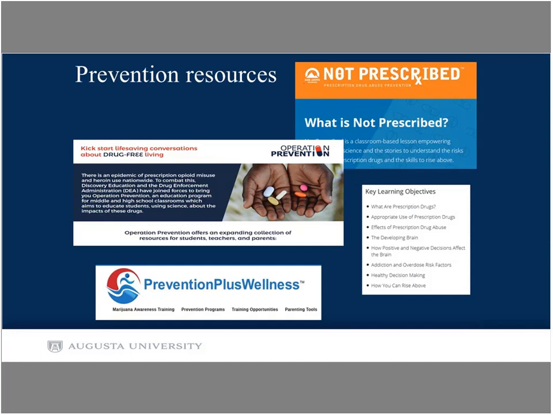There is a program called Not Prescribed, on prescription drug abuse prevention, that can be implemented in the classroom as a classroom-based lesson. There's one called Operation Prevention that again is focused on students, teachers, and parents. Another one called Prevention Plus Wellness is similar in the sense that it's focused on younger youth and adolescents.